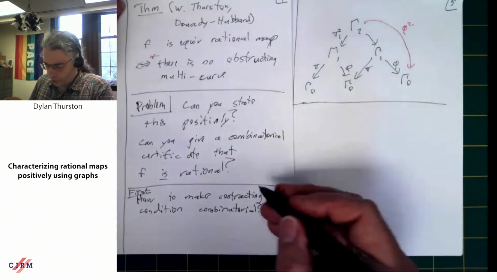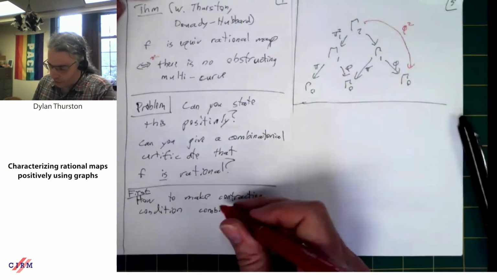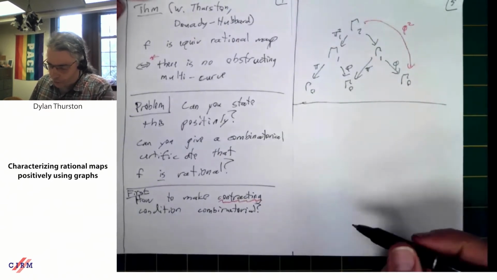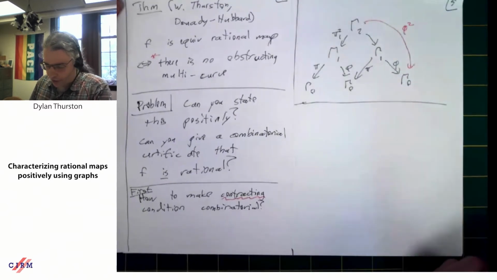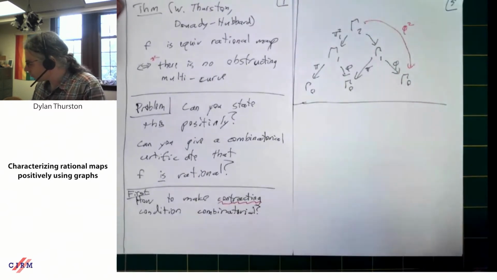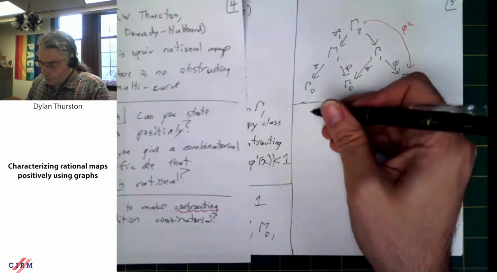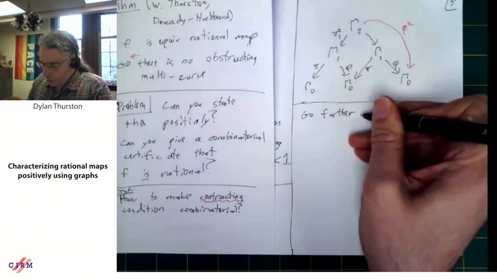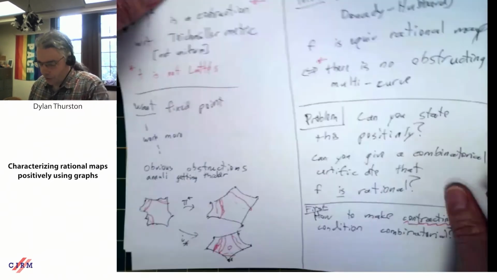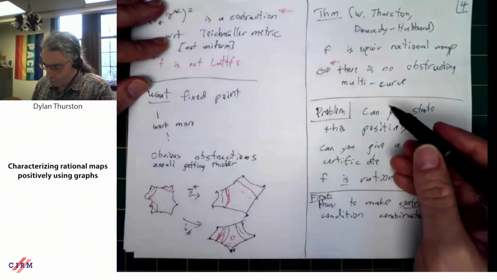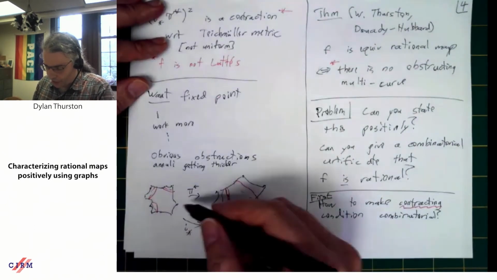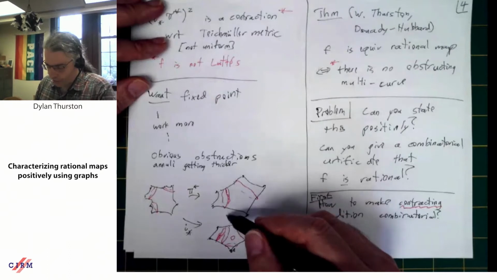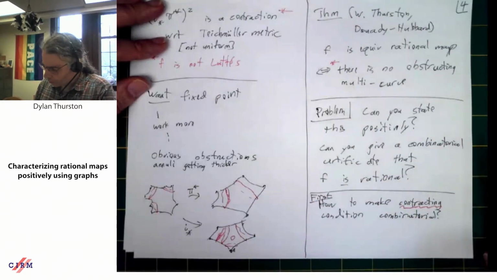This is just about the contracting condition, equivalent to there being no Levy cycles, and we want something that assures us that F is rational. So we want something that goes further, looking at annuli getting thicker, which in general is a somewhat more complicated thing involving eigenvalues.